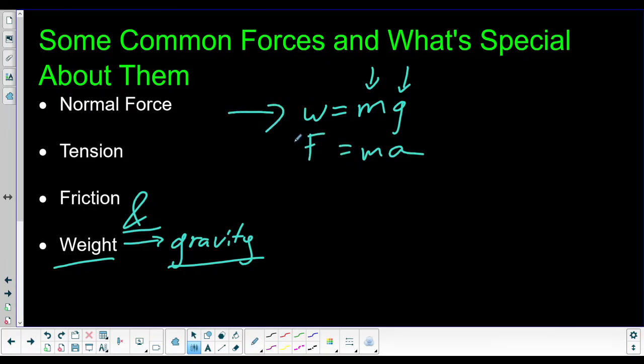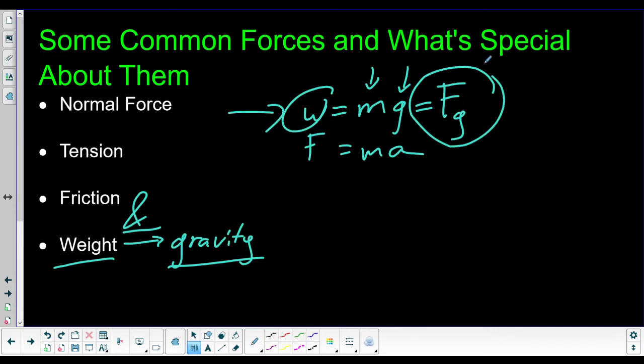The weight force is the mass of the object times a specific acceleration. So weight is also the same thing as force of gravity. So you might see it as weight, you might see it as force gravity. It kind of depends on the context. The equation for both those things is the mass of the object that gravity is pulling on times little g. And little g, just one more time for those in the back, is 10 meters per second squared down or towards the center of the earth.